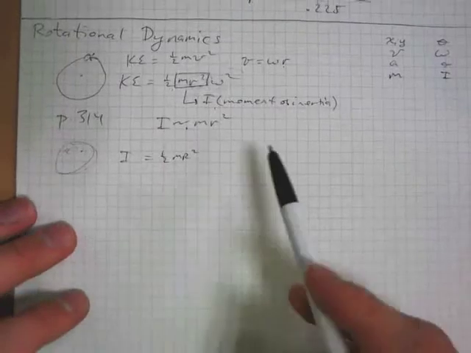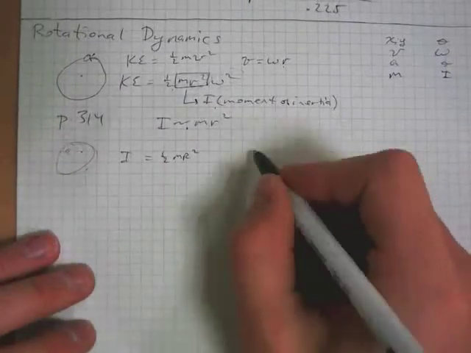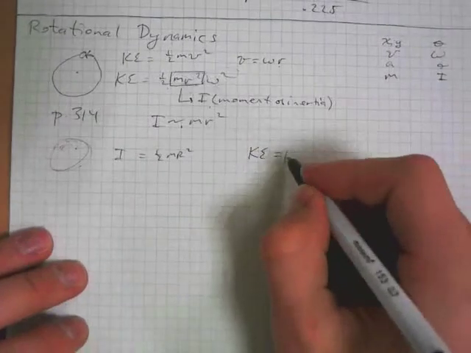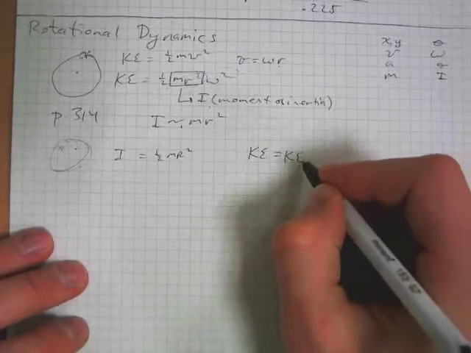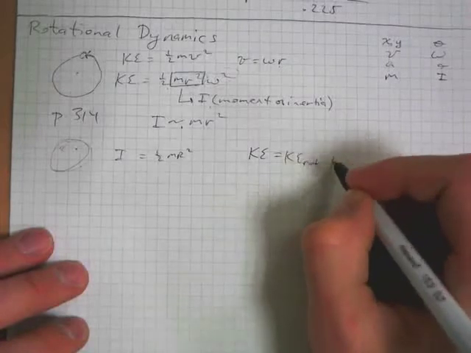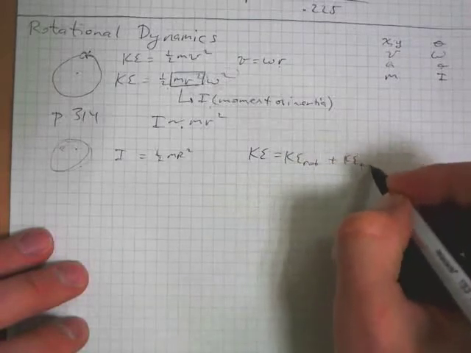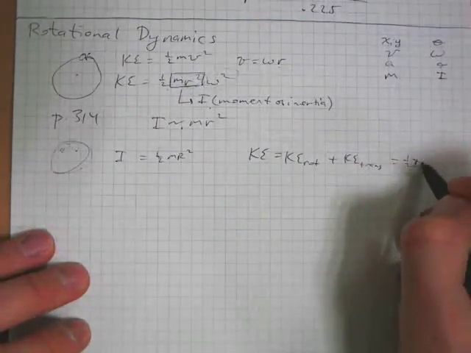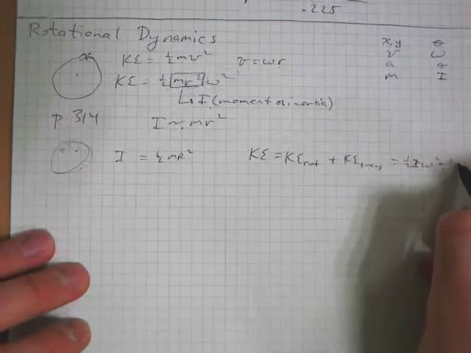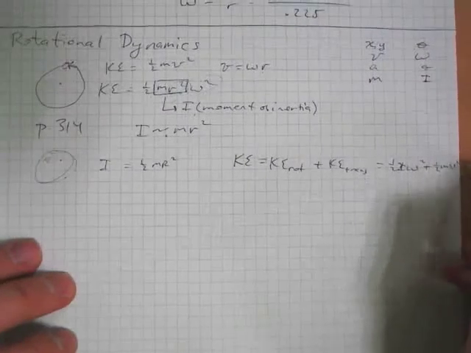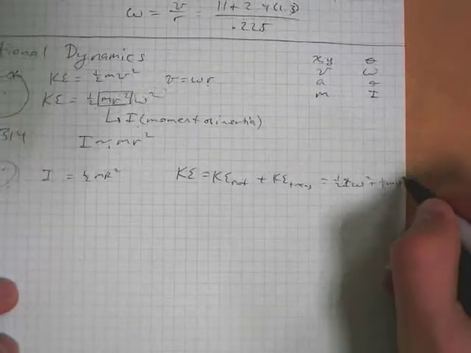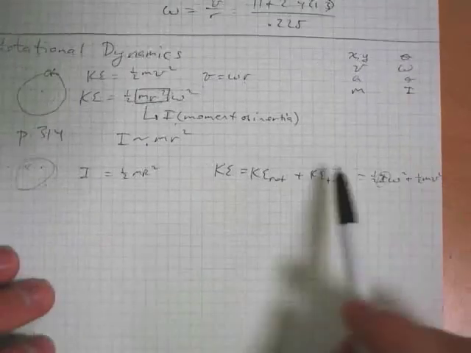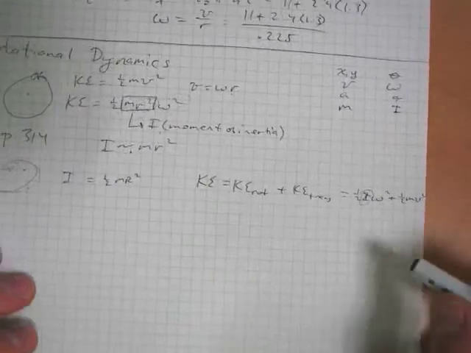So then the total kinetic energy of an object can be split up into rotational and translational. So it's 1/2 I omega squared plus 1/2 mv squared. And this moment of inertia you can get from the chart on page 314, and I'll give those to you on a test or a quiz.